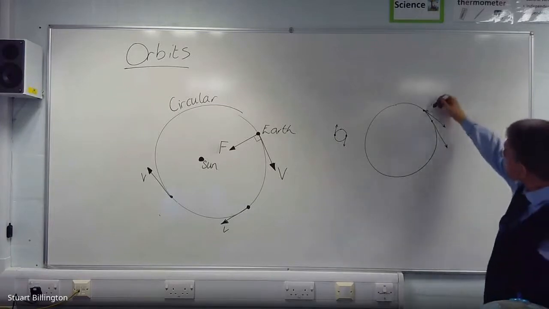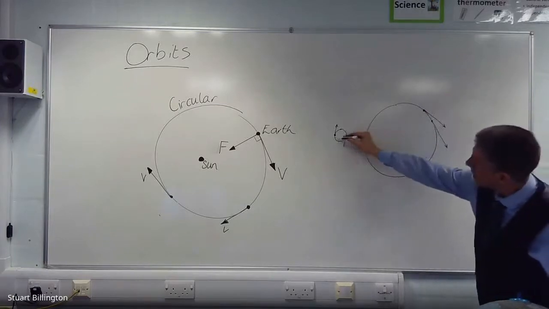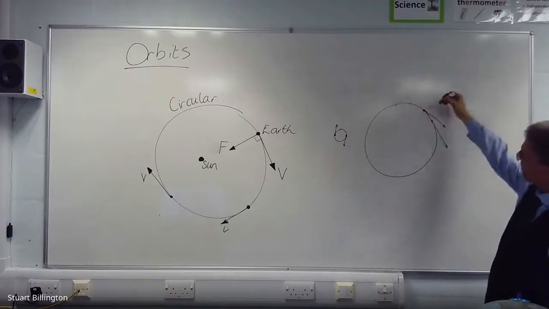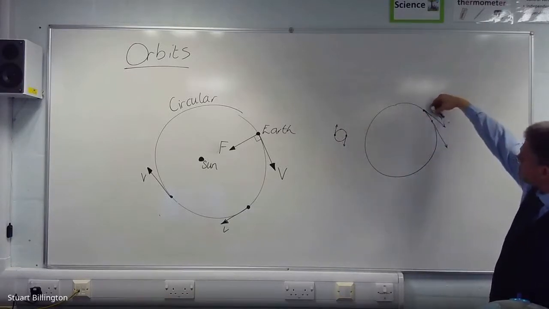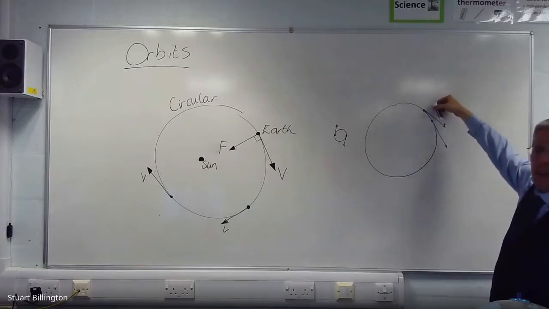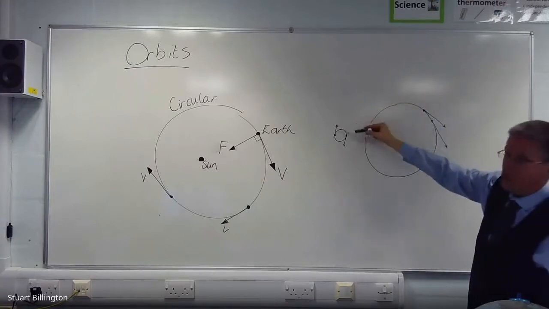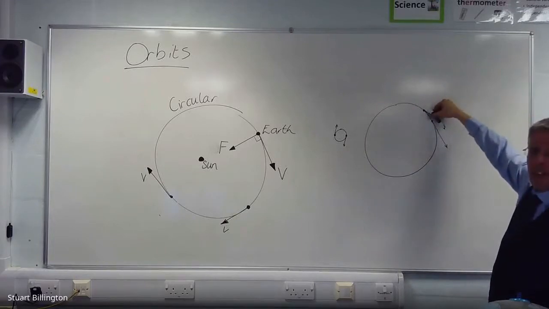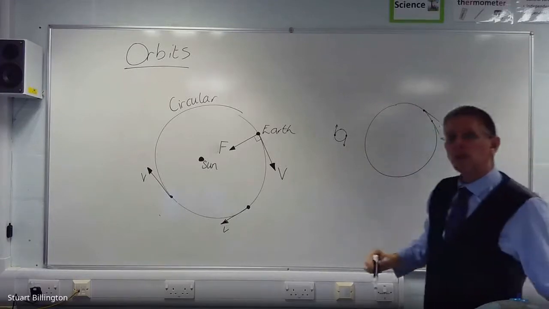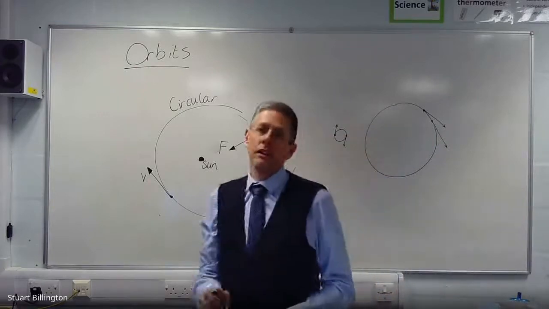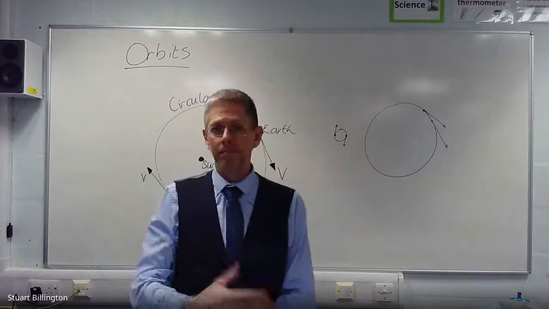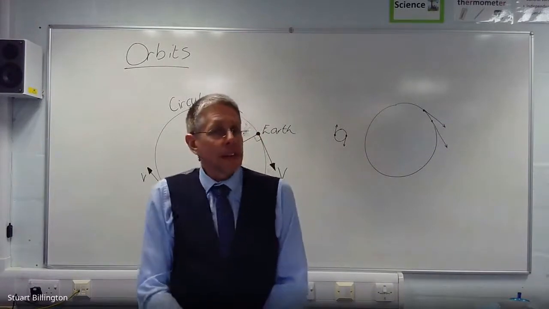It's traveled the same distance, but because this circle's bigger, the velocity hasn't changed direction by as much. This one changed a whole 180 degrees, but this one has just changed about 30 degrees. So when you're traveling around a big circle, your change in velocity per second, your acceleration, isn't as big.